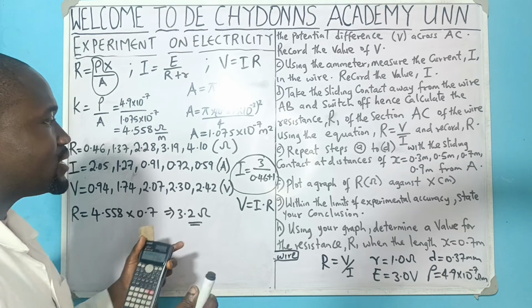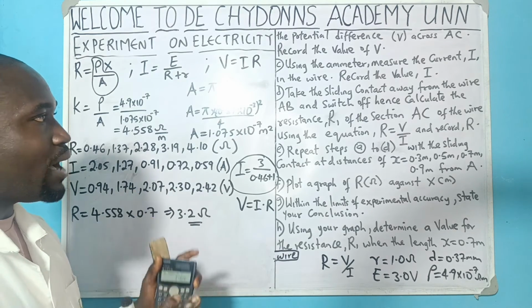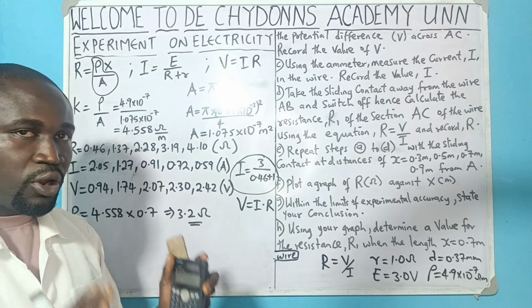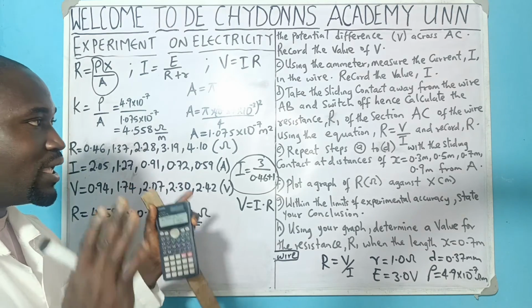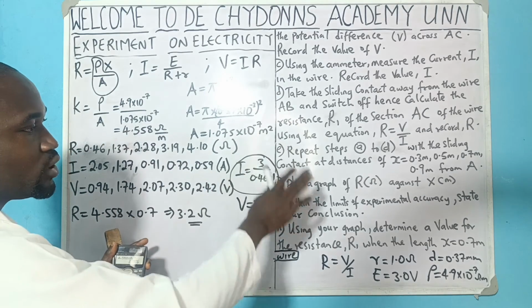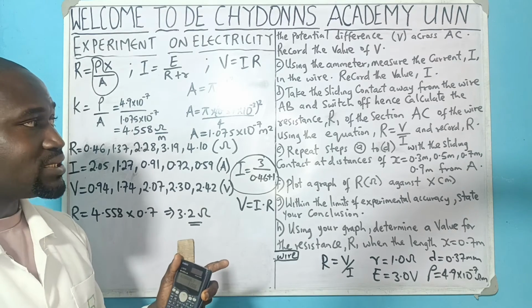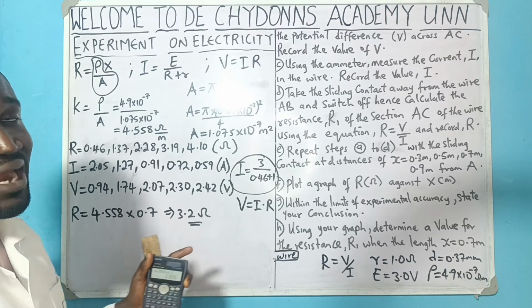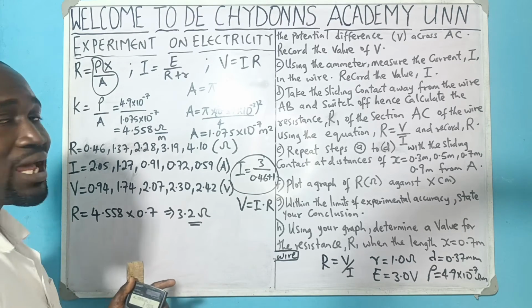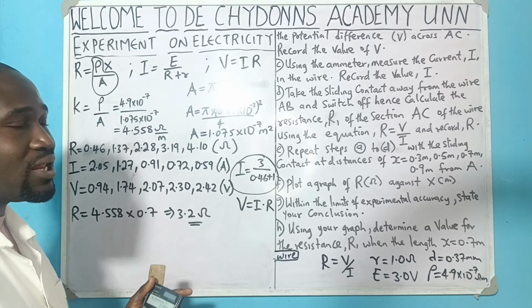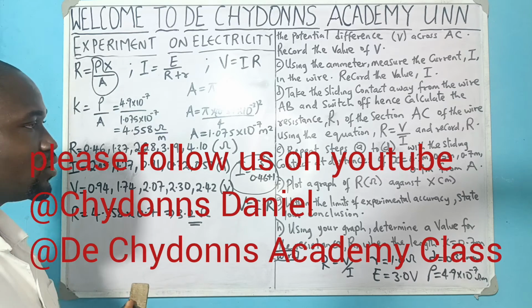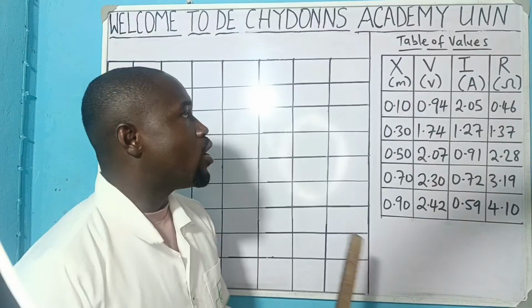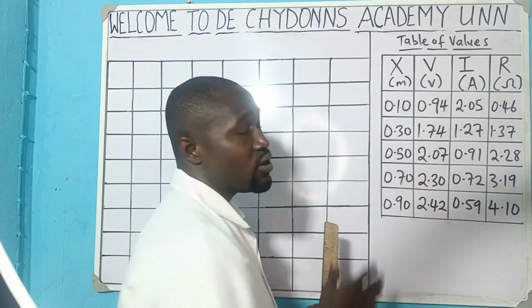But let's see how to go about plotting of the graphs and explaining all these questions asked here. Let's see from the graph how they are related, the resistance and the length of the wire. Okay, let's see the graph aspect. So these are the table of values we have.